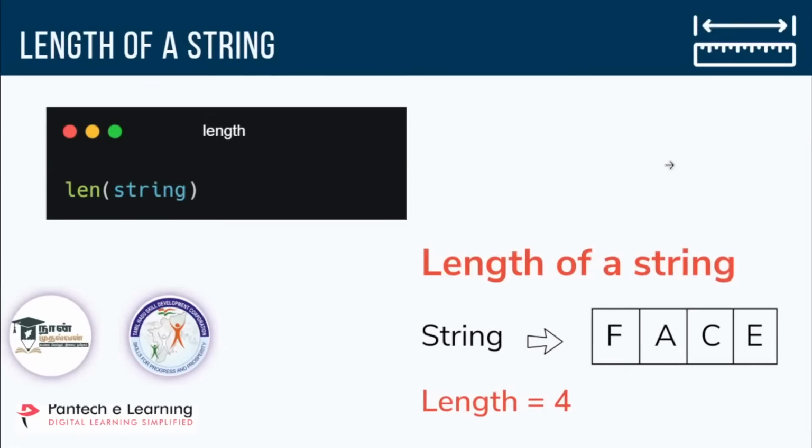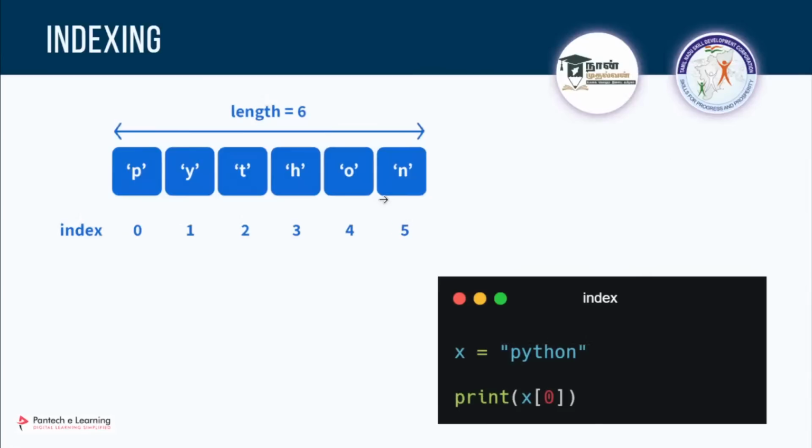With this, in the next slide, we are going to see a concept known as indexing. Indexing is like giving a serial number to the letters present inside a string. Inside a string there is a sequence of characters, and individually you give them numbers, which are called indexes. In Python the index number starts from 0.